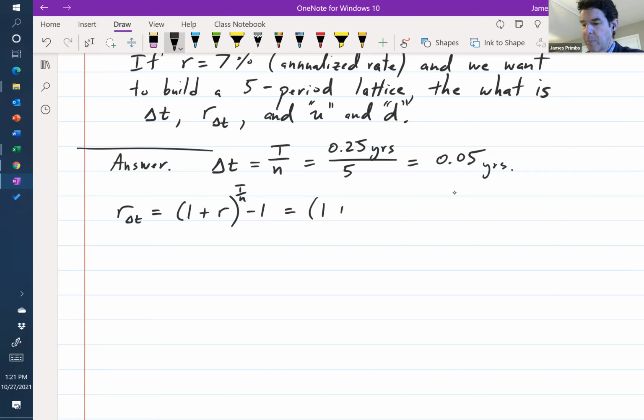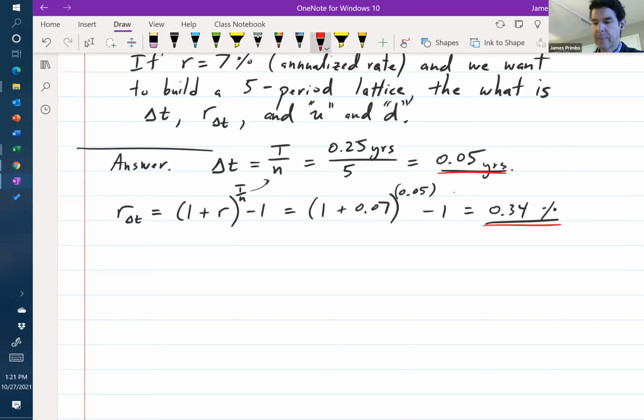I'm going to go 1 plus 7%. And now remember, T over N, if I look right here, that's the same as delta T. So that's 0.05. And then minus 1. Let's see what I got there. And you're going to get a very small rate, 0.34%. Okay. All right, so that gives us our per period interest rate.